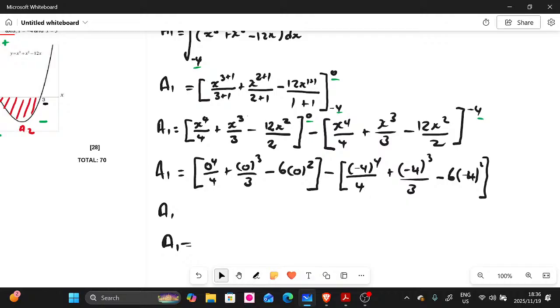So we need to fix our answer here. Our answer is going to be like this. Remember, the first bracket gives us 0 minus this minus there.